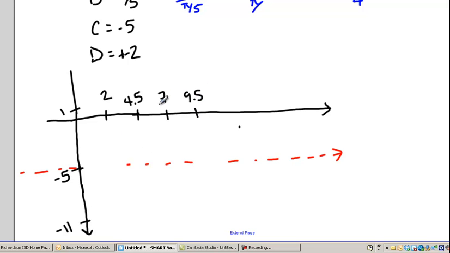Okay, so I'm adding 2.5, so 12, 14.5, 17, 19.5, and then 22.